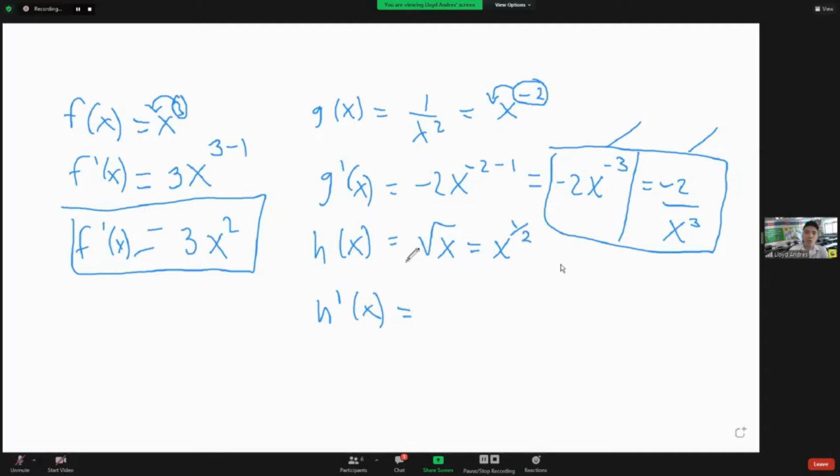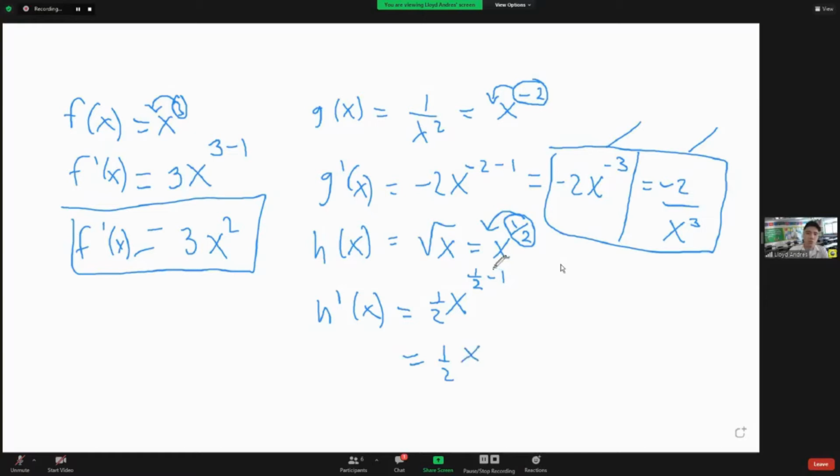What's left is to apply the power rule. The exponent becomes the coefficient, so 1/2 is in front, next to x, and we subtract 1 from the original exponent 1/2. So that's 1/2 x raised to 1/2 minus 1.